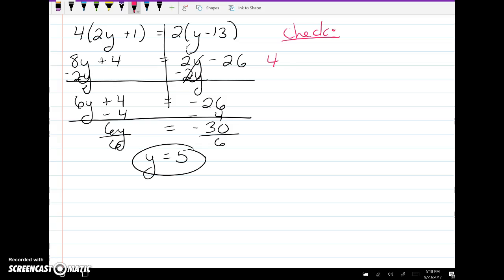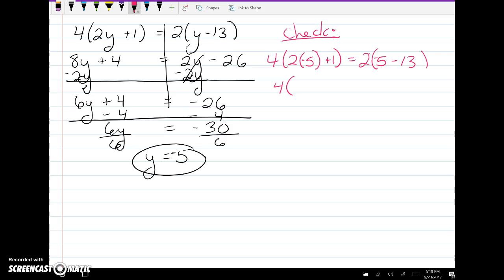Again, back to my original equation. 4 times (2 times 5 plus 1) equals 2 times (5 minus 13). Oops, I don't know if anyone caught that. This is supposed to be a negative 5, because a negative divided by a positive is a negative. Would have really messed up my work.